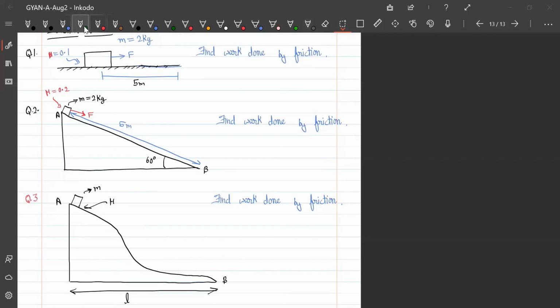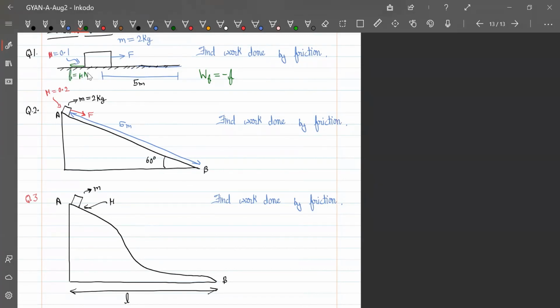So in the first case, the work done by friction will be force of friction into the displacement. Here you can see the displacement is in the forward direction, but the force of friction will be in the backward direction.